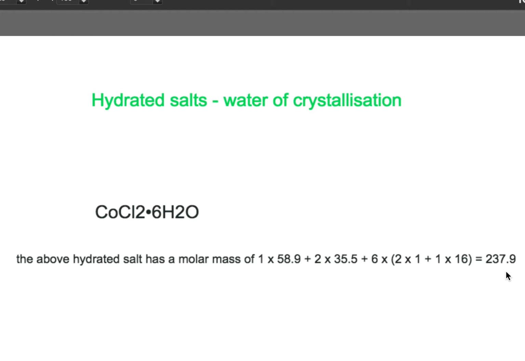The way you do it is, you know the formula, and you have the molar mass, and you have the mass of this compound. So you do the mass divided by molar mass. So whatever the mass is, you divide it by 237.9 in this case.